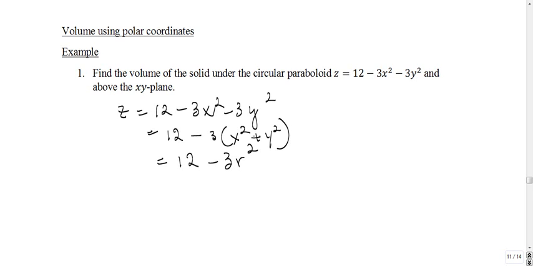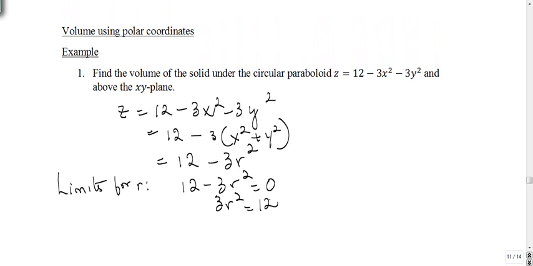Okay? All right, so limits for r. So 12 minus 3r squared is 0. Let's solve. 3r squared is 12. R squared is 4. So r is 2. Remember, we do not want any negatives, okay?